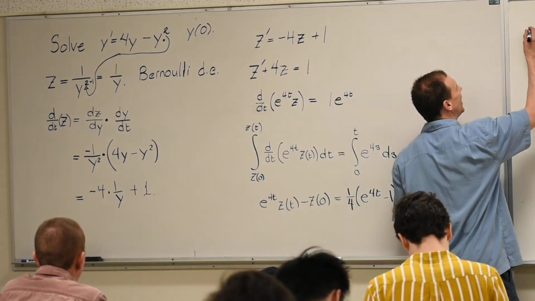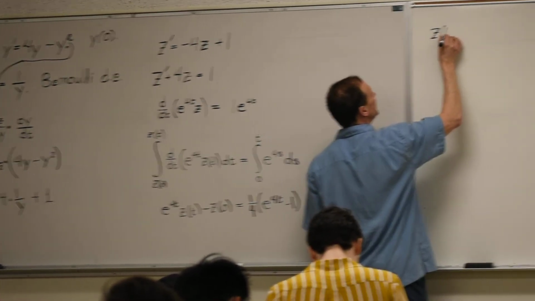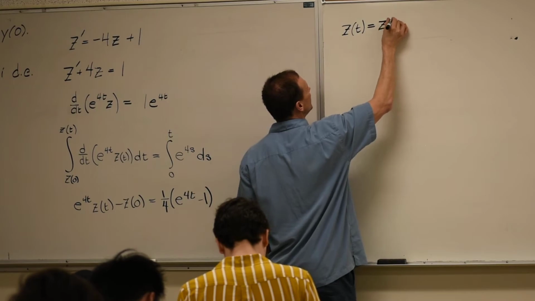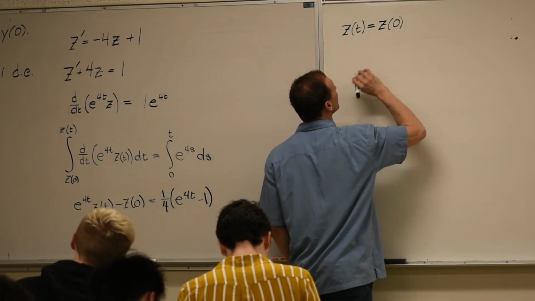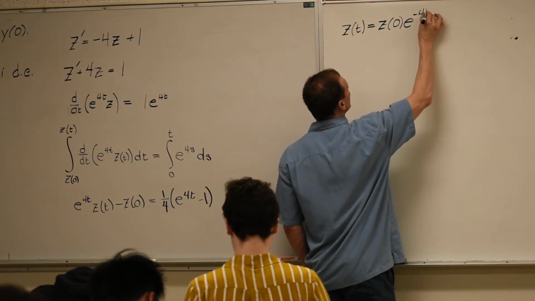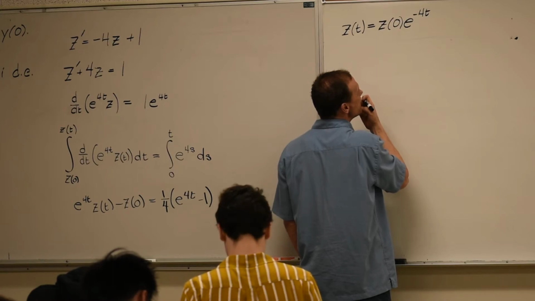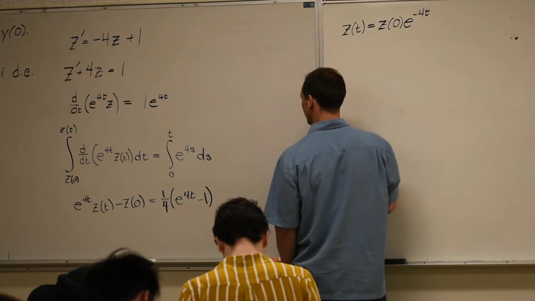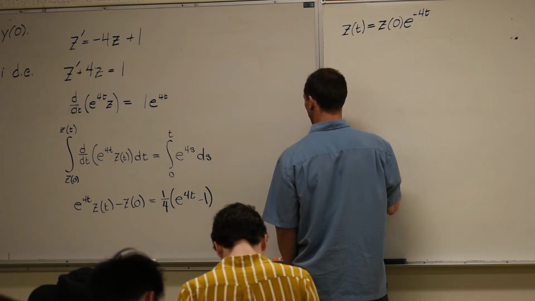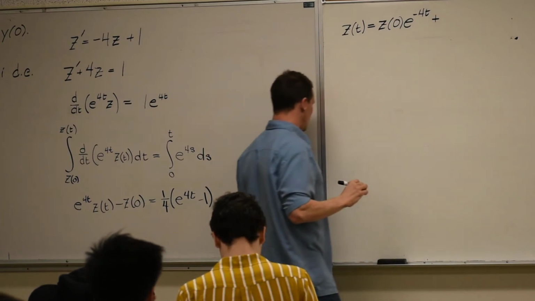Let's write this as z of t is equal to z of 0 e to the minus 4t plus, let's distribute all of this through.